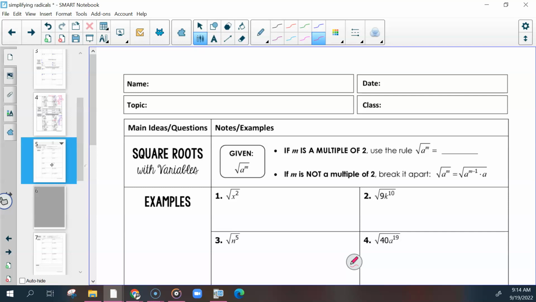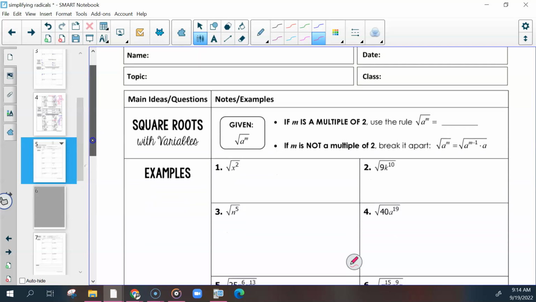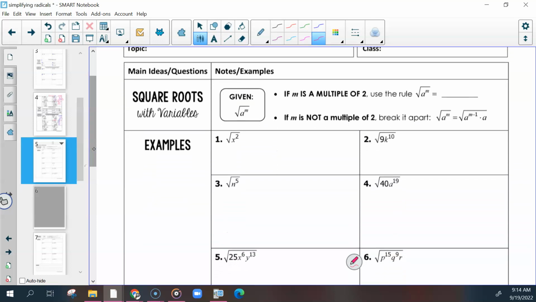Either use the factor tree method, and I'll show you how that works here in a second, or use the perfect square, perfect cube method, but it's a little different, so I'm going to walk you through that here in a second. So I'm going to show you the factor tree method first, and then we'll go back and talk about this rule and how we could use that rule.